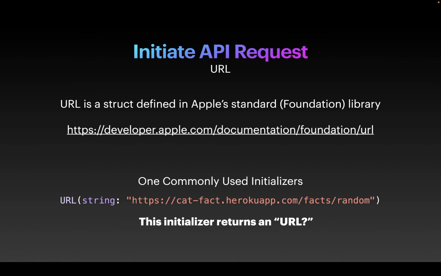We also introduced one struct called URL, and it has a commonly used initializer which takes a string. One thing you need to keep in mind is that it returns an optional. The return type is optional of URL, so you have to do some error handling on that, in case the string you're passing in is not really a valid URL.